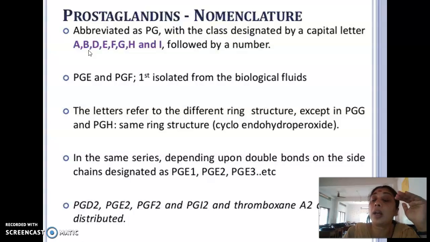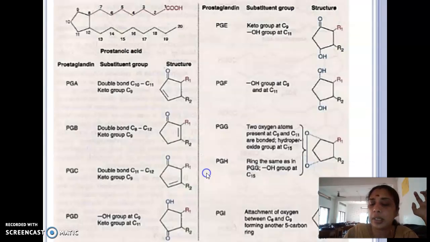But other than that, there are certain other modifications present in each different type of prostaglandin, right? And these are the different types: PGE1, E2, E3, and then PGD2, PGE2, PGF2, and PGI2 and thromboxane are widely distributed in the body. These are written in the notes.